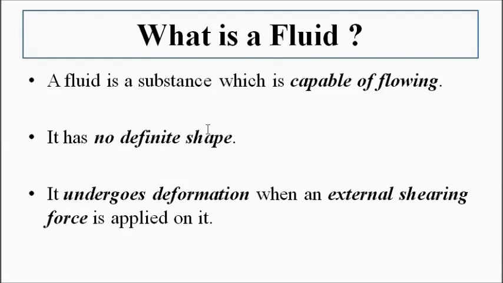It is because of this property that liquids and gases, combinedly called fluids, are capable of flowing, because the spacing between the atoms or molecules is very high, and they have no definite shape. They take the shape of the vessel or container in which they are kept, and they undergo deformation, that is change in their shape, when an external shearing force is applied on them.